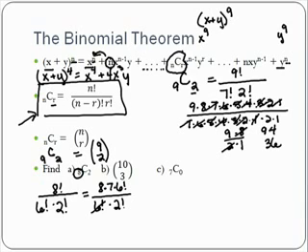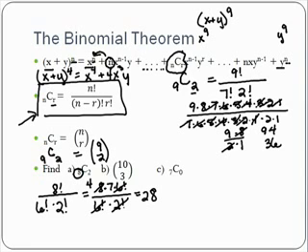Well, the 6 factorials cancel. 2 factorial is simply 2 times 1, so I'm going to reduce the 2 into the 8, so I need 4 times 7, so we should get 28.